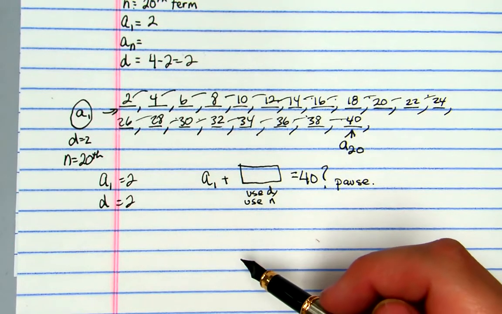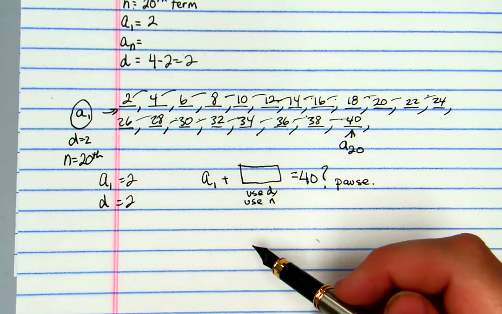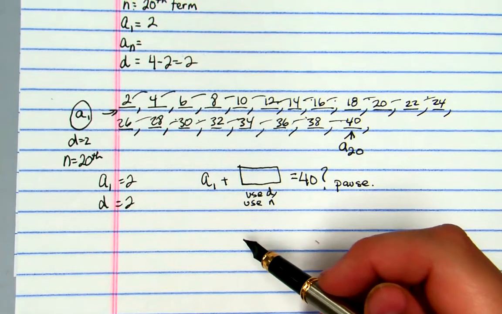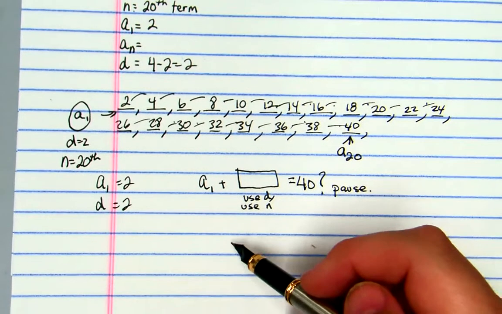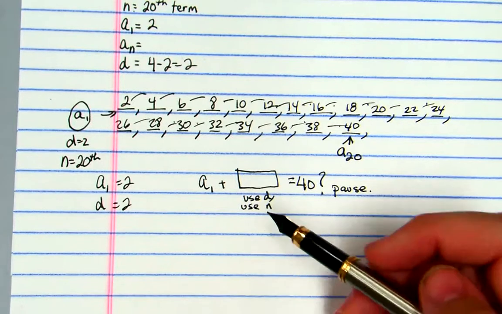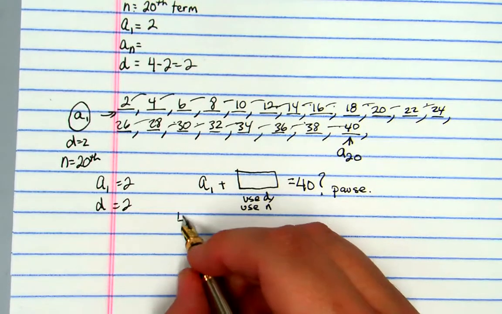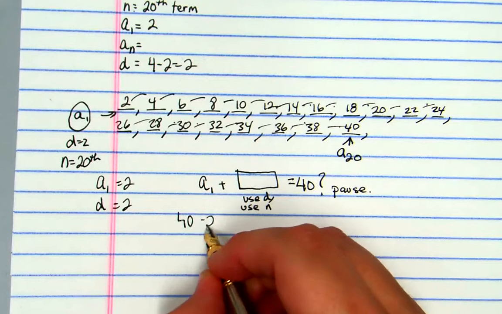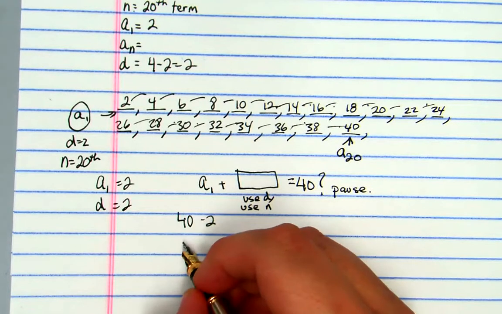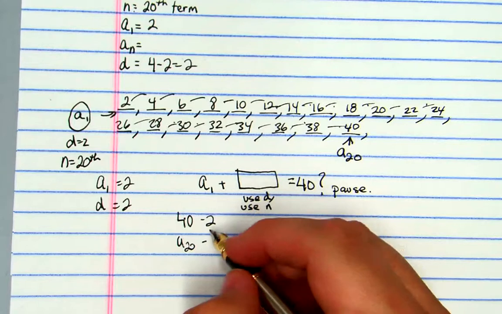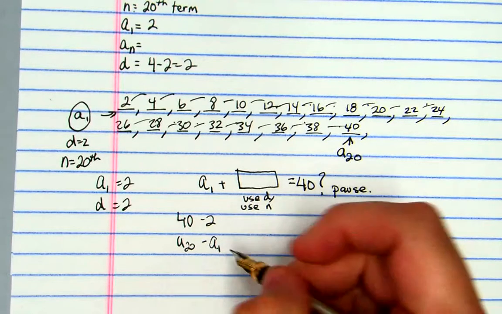Now, that might not be the best way of thinking about it. But let me ask you this. What's 40 minus 2, which is a sub 20 minus a sub 1?